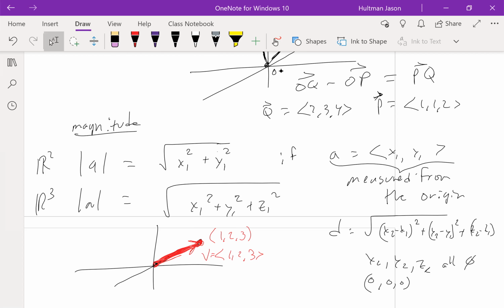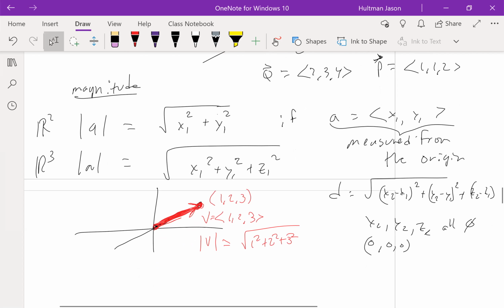So what would be the magnitude of vector V, or absolute value V? It's really magnitude, but they're synonymous, absolute value and magnitude. This would be the square root of 1 squared plus 2 squared plus 3 squared, which is going to be the square root of 14. Okay. So that's the magnitude of this vector.